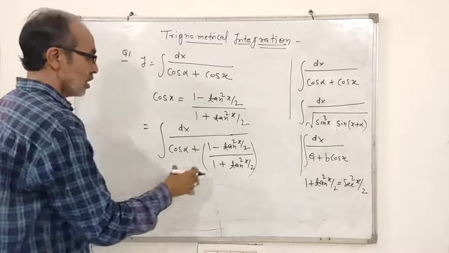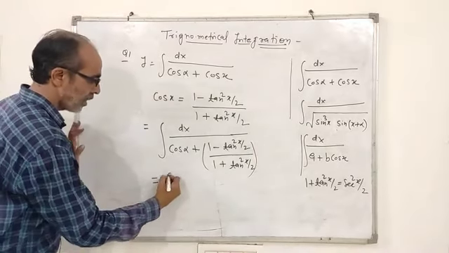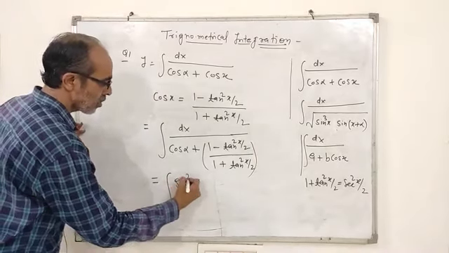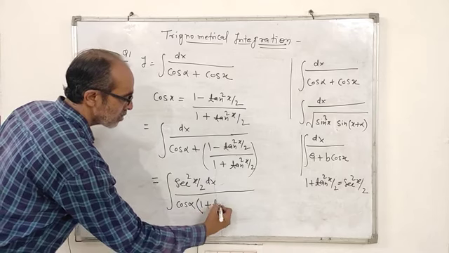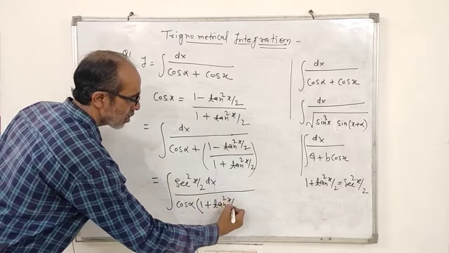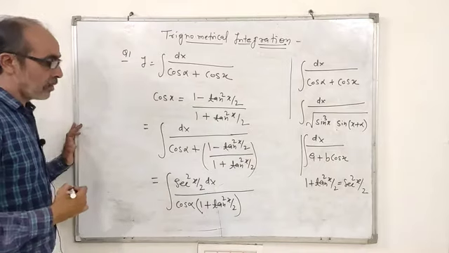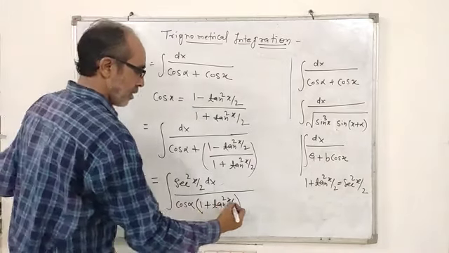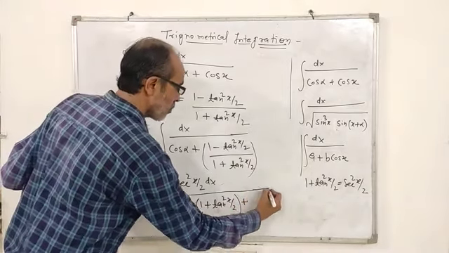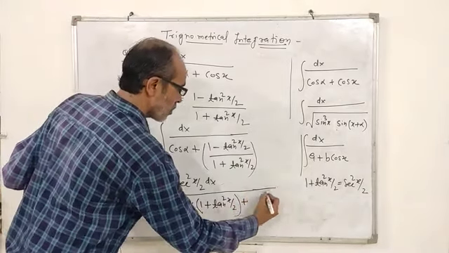Then we write here the integral is sec square x by 2 dx divided by cos alpha multiplied by 1 plus tan square x by 2, plus 1 minus tan square x by 2.